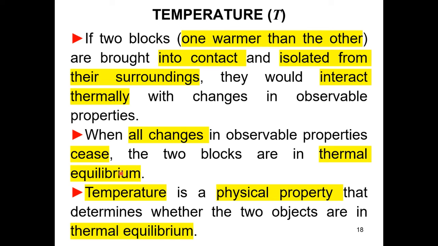Once it becomes 20, it cannot go to 50. Once it reaches 20, it is said to reach thermal equilibrium. So temperature is a physical property that determines whether two objects are in thermal equilibrium. Normally we measure temperature to check whether two objects have already reached thermal equilibrium.